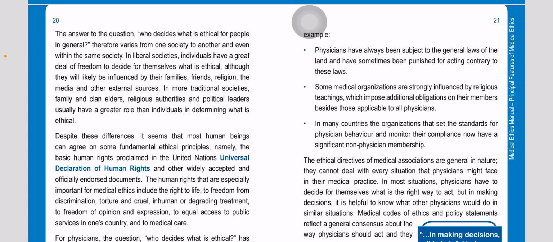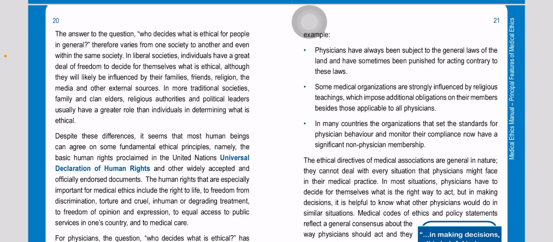For example, physicians have always been subject to the general laws of the land and have sometimes been punished for acting contrary to these laws. So like what I said earlier, your law in your respective places also determines morality or ethics.